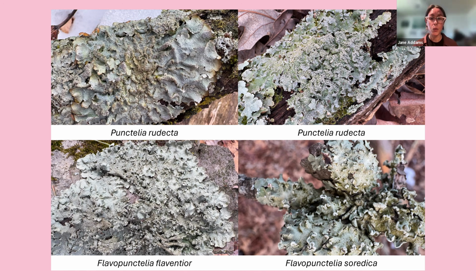Now, when you go out and you want to identify lichens, here, the top 2 lichens are the same species, and the bottom 2 are different species. I don't know how you guys feel about lichen morphology, but very few people are confident enough to identify these based on how they look alone, right?